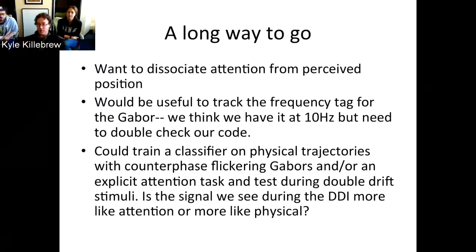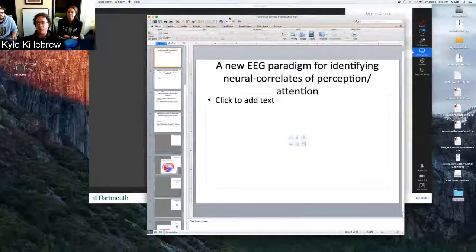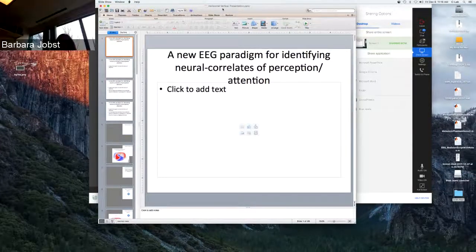We could do this for various illusions and for tracking attention. So I think that's my last slide. I'll ask if anybody has any questions on this specifically, and then I'll pass it off to Patrick. I have a question.